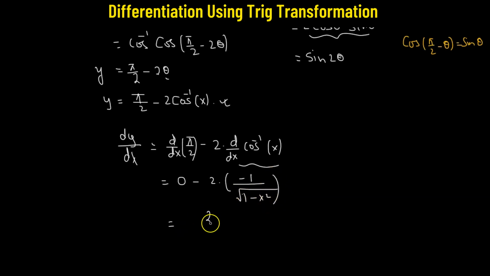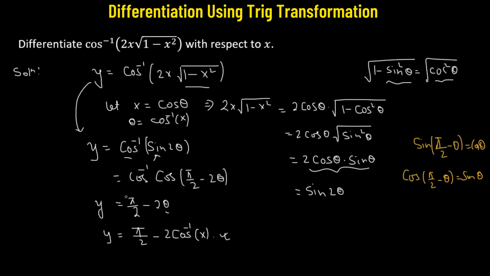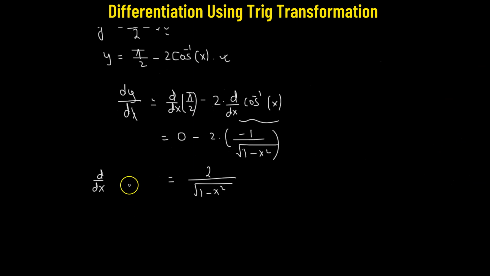That means we finally obtain 2 divided by the square root of 1 minus x squared. So this is the derivative with respect to x of our given function, cosine inverse of 2x multiplied by the square root of 1 minus x squared. Right, this is the final value.